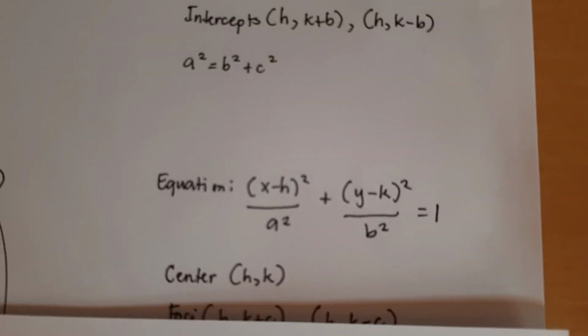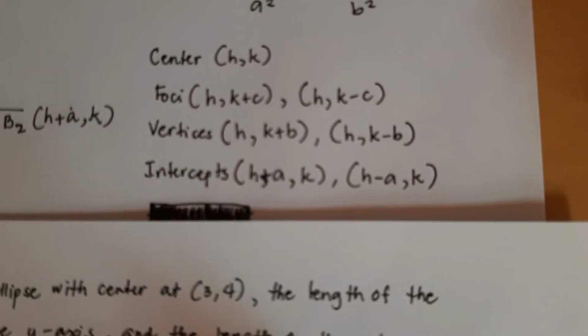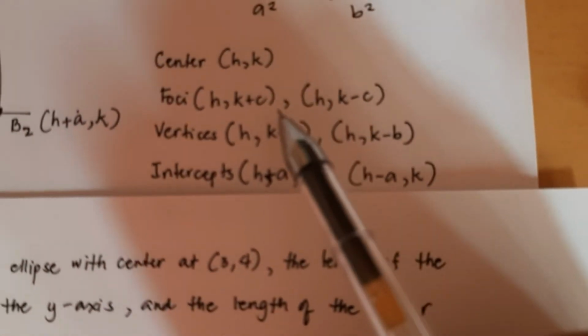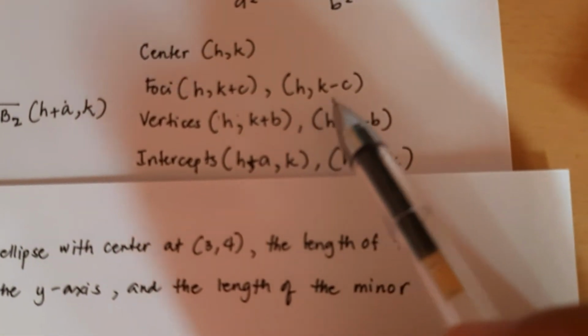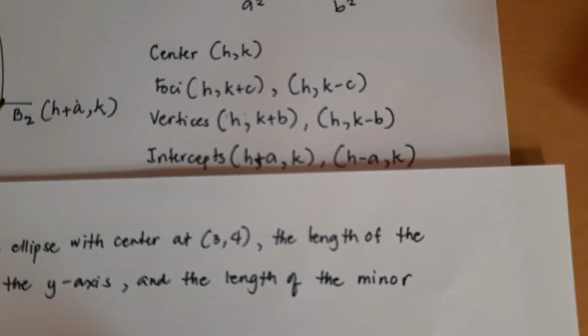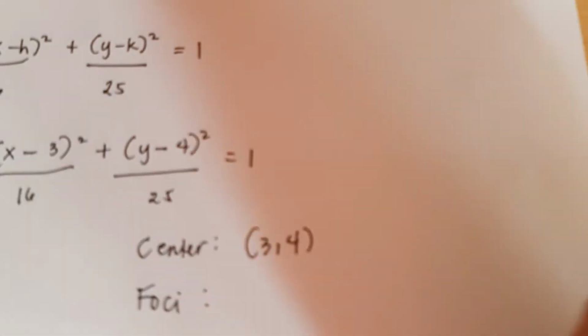And then foci is at (h, k plus c) and (h, k minus c). So that is foci.